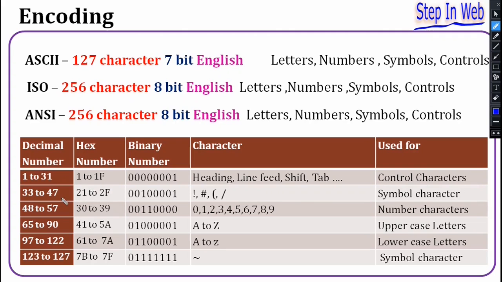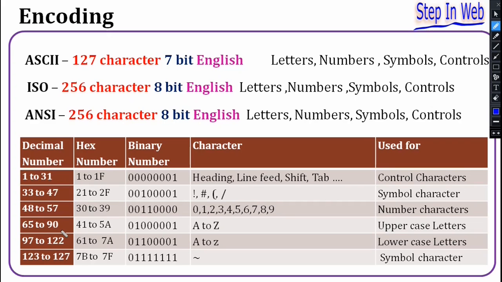Same way, from decimal number 33 to 47, that is hex 21 to 2F, they formed the symbol characters, like exclamation, number sign, bracket, slash, like that. From number 48 to 57, they formed the numerals 0 to 9, and the hex numbers are 30 to 39.